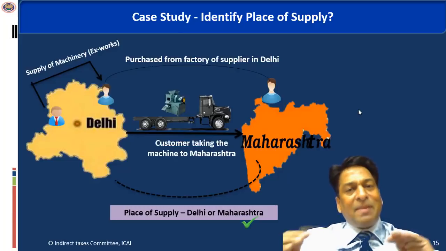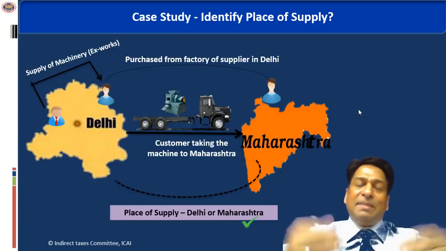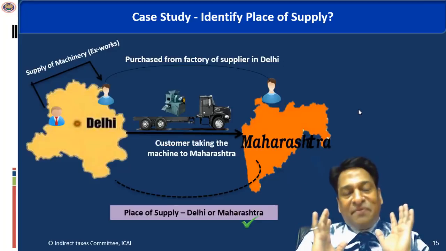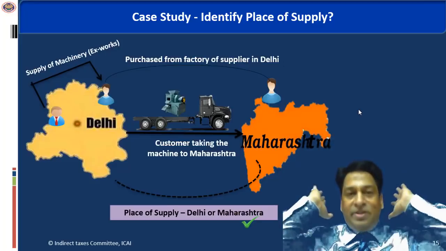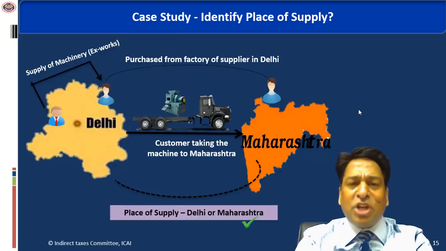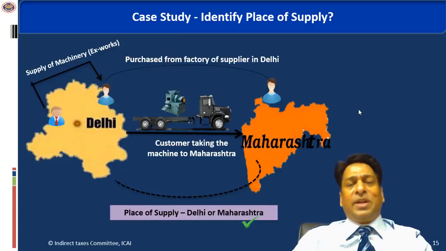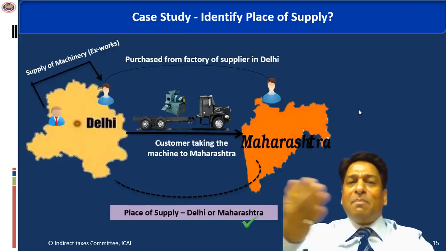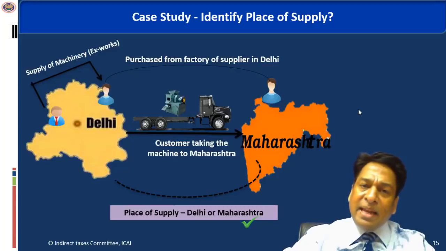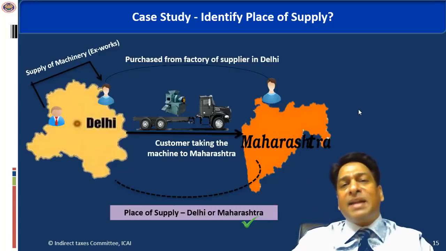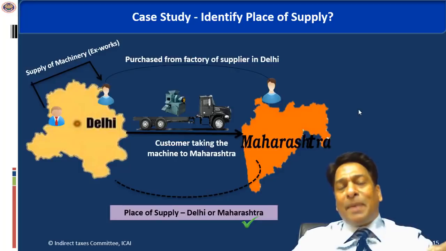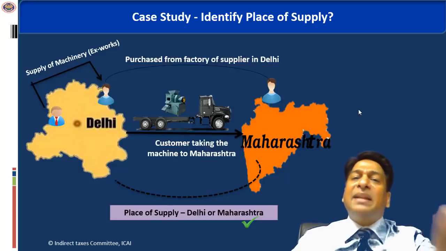So please tell me, I've given two examples. Let me solve the FOR destination first so that you will get clarity. FOR destination, quite clear to all of us together, that my goods are moving from Delhi and going to Maharashtra, and the supply is being undertaken by the supplier.